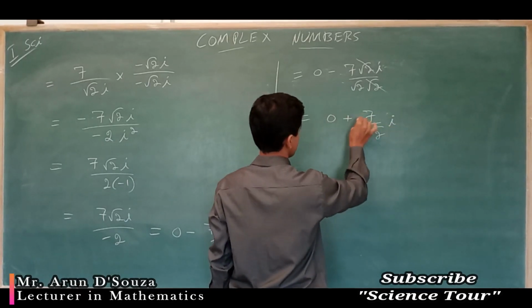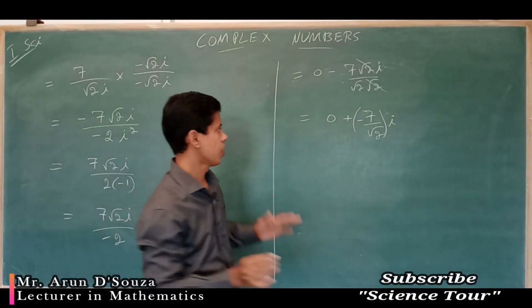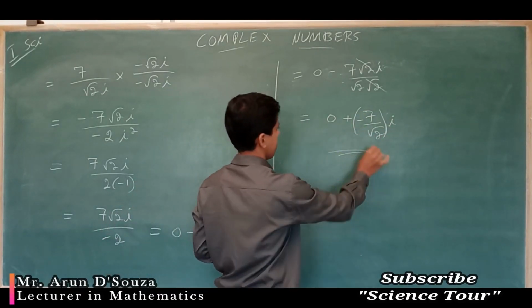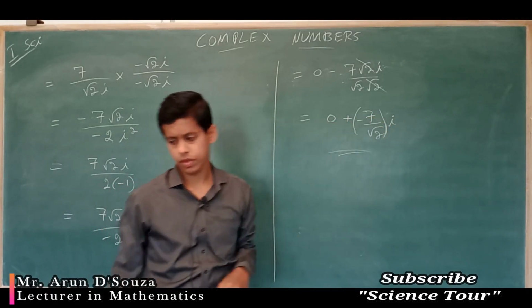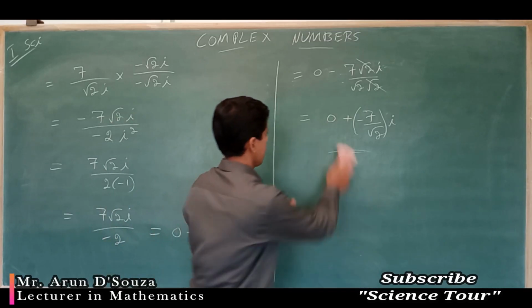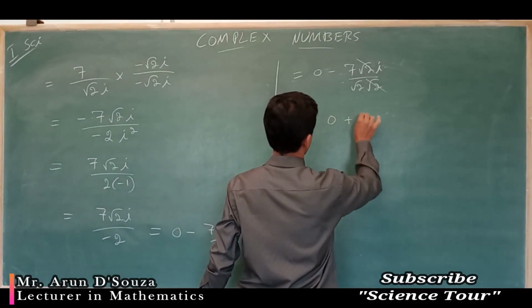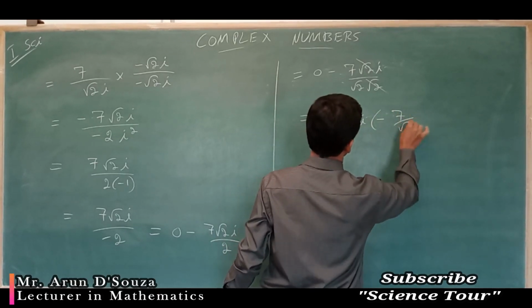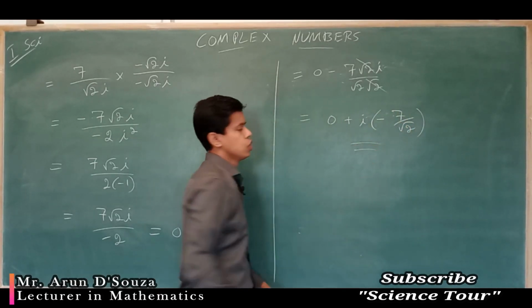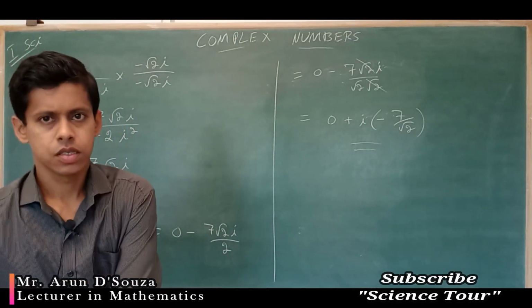Or you can get plus here, minus here, that is also fine. Okay. So this is of the form a plus ib, where b is minus 7 by 2. So that's how you can simplify this question.